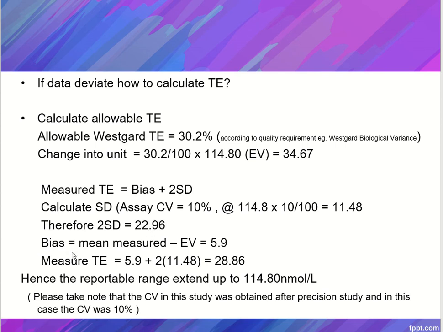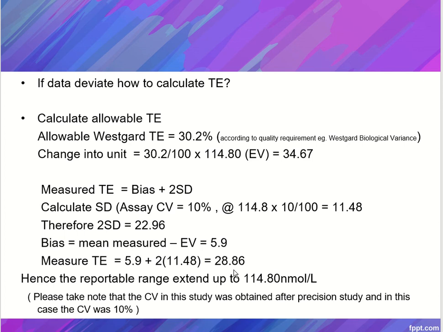So the bias equal to mean measured minus expected value. You can refer to the previous data in the previous slide, which is equal to 5.9. So the measured total error, you put the data in this formula, bias plus 2SD. Then you get the measured total error of 28.86.